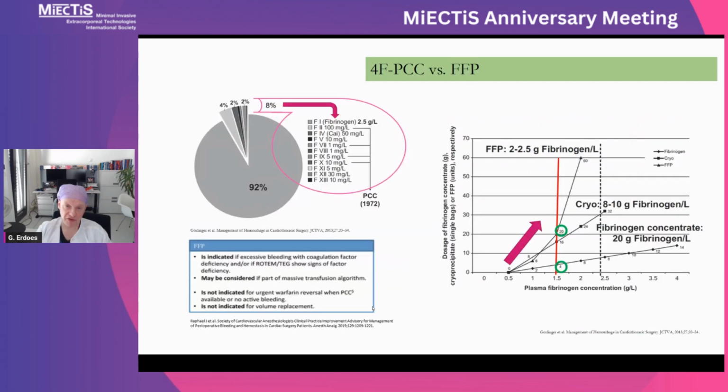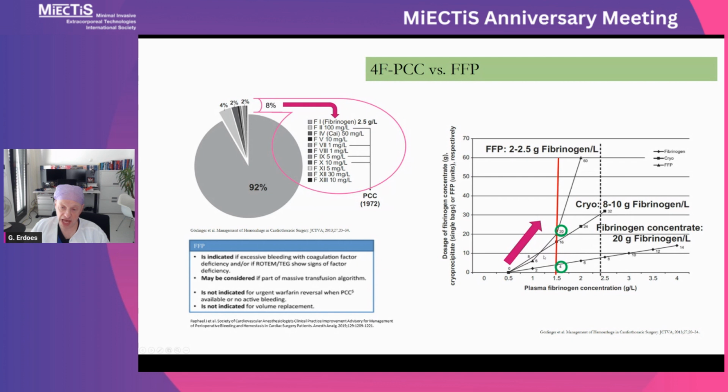What about FFP administration? We know that fibrinogen has a very high concentration in FFP, so almost 90% of factors in one FFP concentrate is fibrinogen, but FFP is not sufficient to increase significantly the fibrinogen level in a hypofibrinogenic patient.